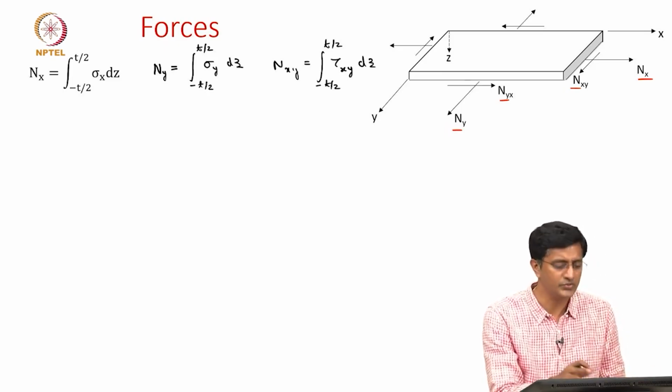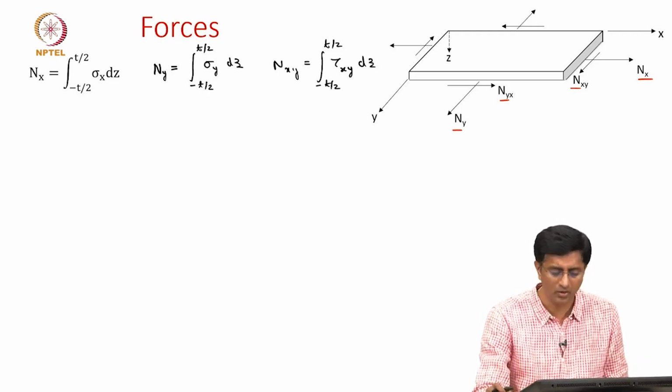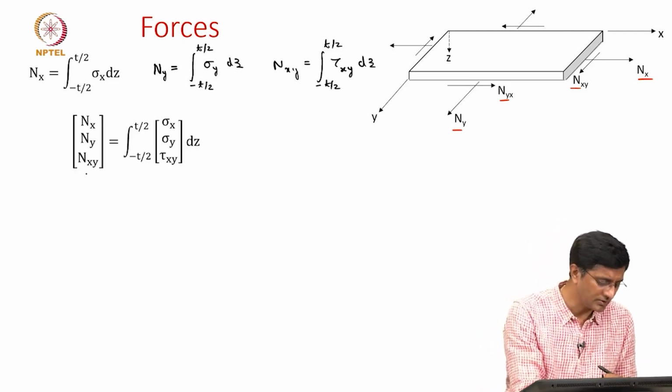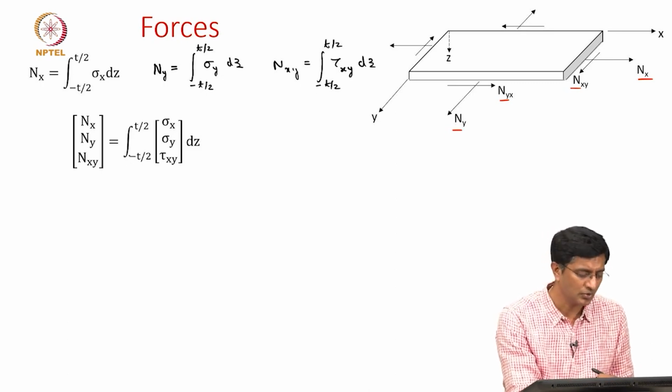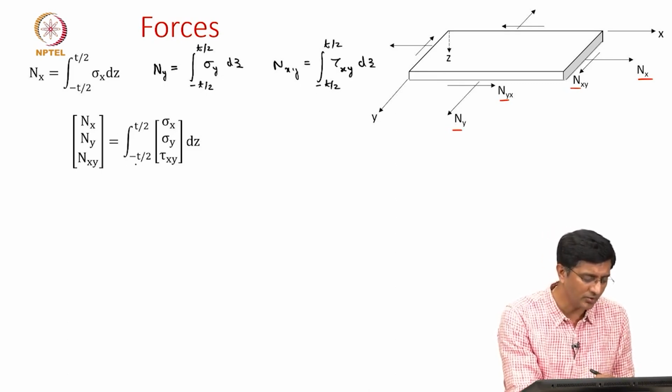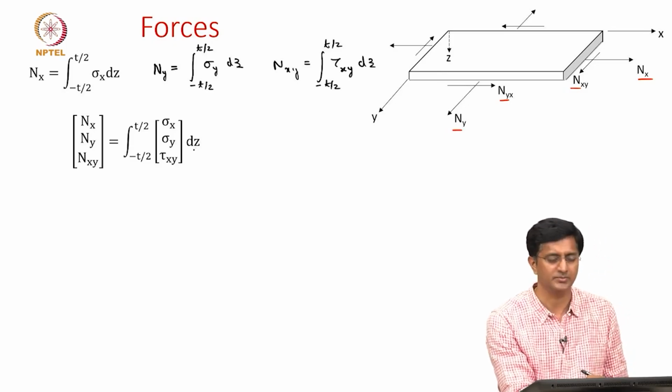What we'll now do is collate all these three equations into a vector. So we'll now write a vector for these forces, which consists of Nx, Ny, Nxy. Then I can write these three equations combined into one single integral. So all these three integrals have the limits from minus T by 2 to T by 2, and this vector captures the stresses sigma x, sigma y and tau xy times dz.